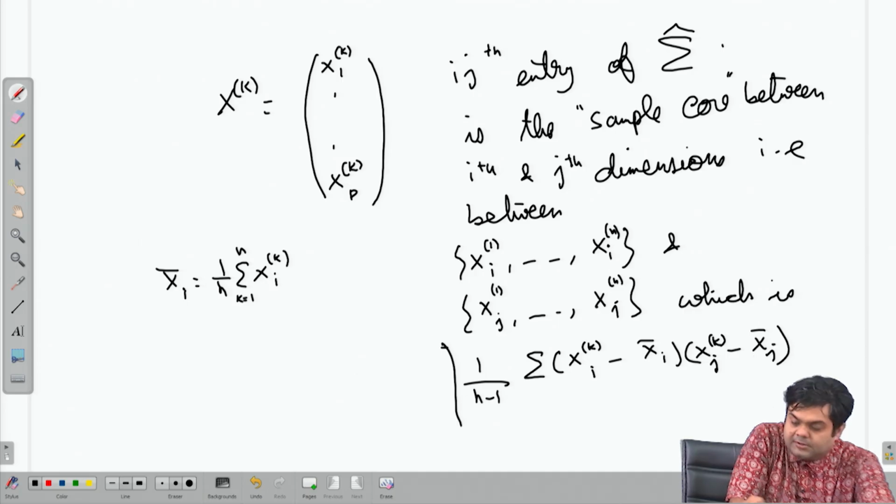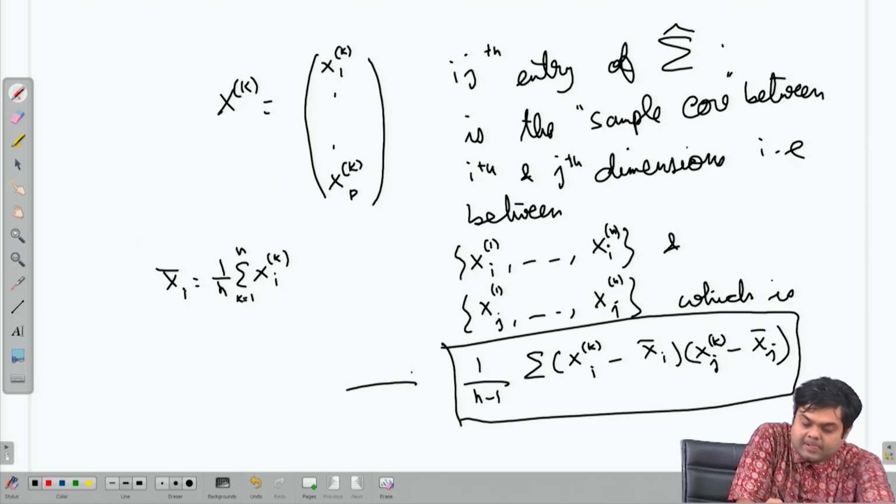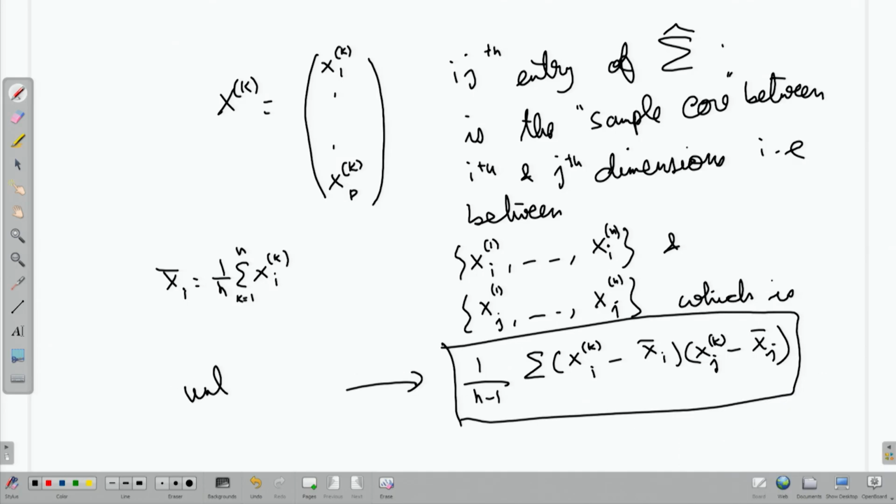So, we take the unbiased version of the sample variance covariance matrix, that is, we take this with n minus 1.